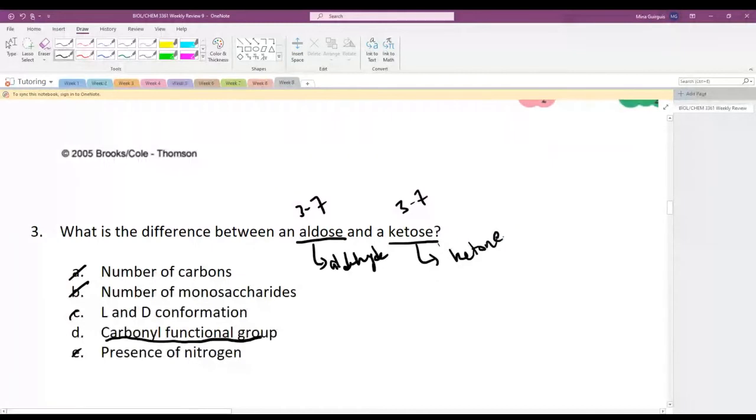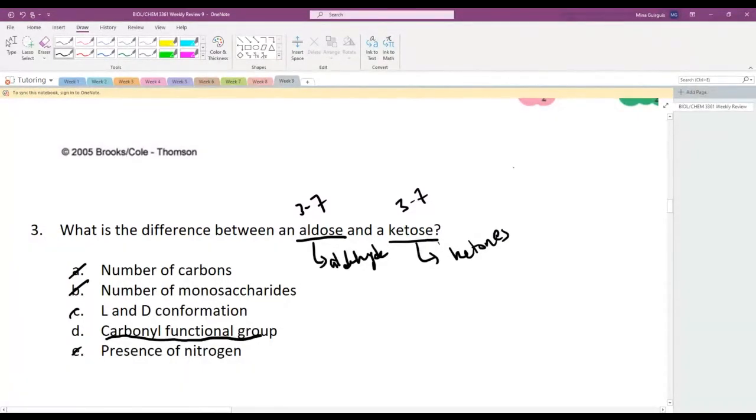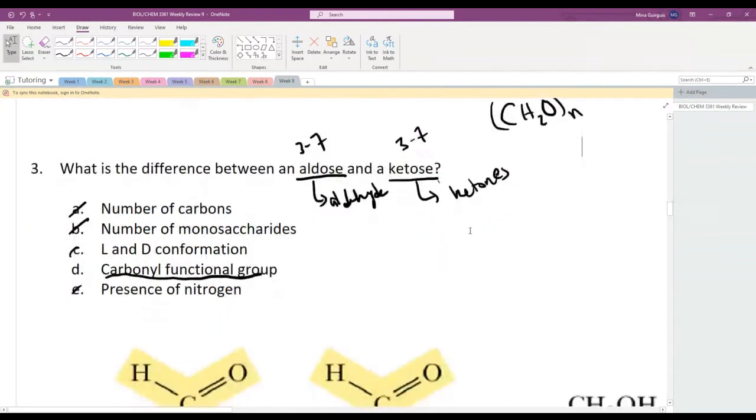Okay. As a side note, we know that our carbohydrate will have some kind of carbonyl because their formula is CHON, and if we calculate out the degree of unsaturation, we're going to get 1 degree of unsaturation caused by a carbonyl.